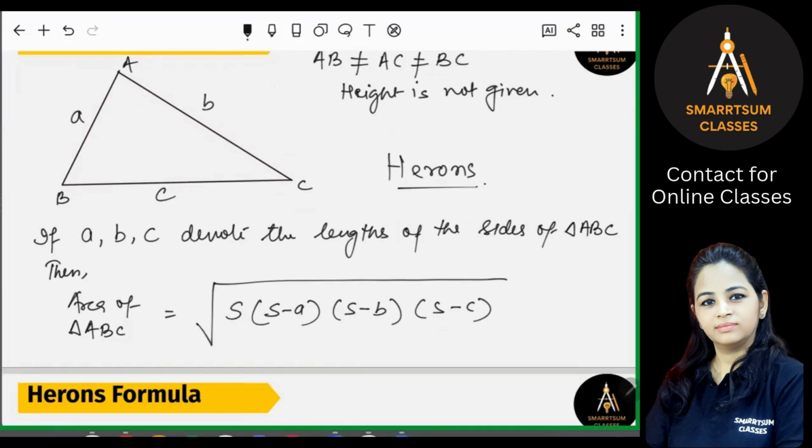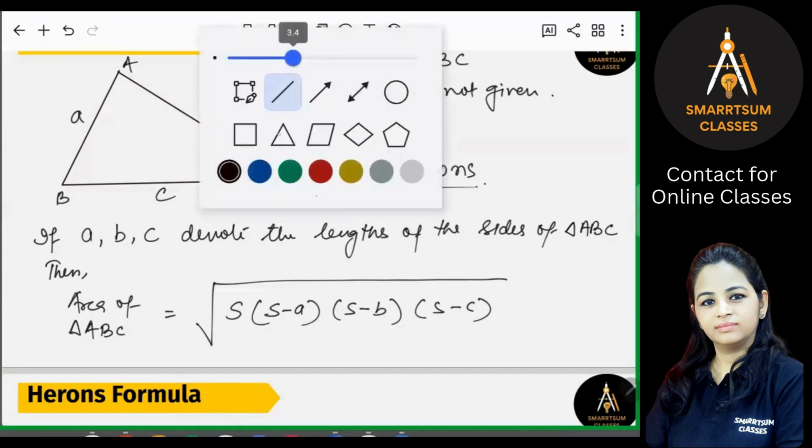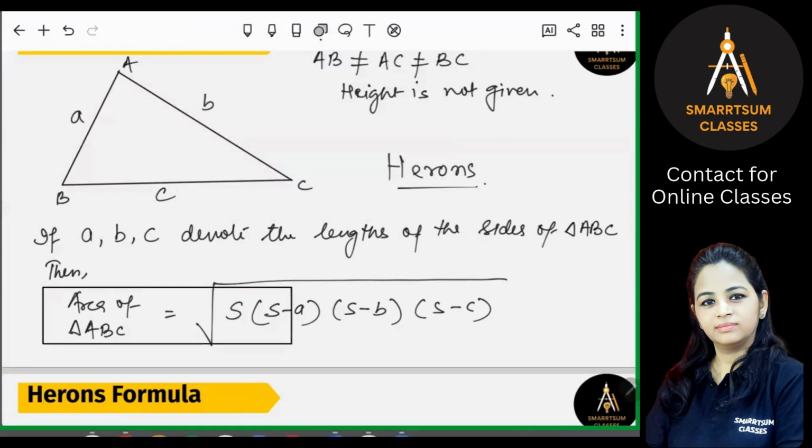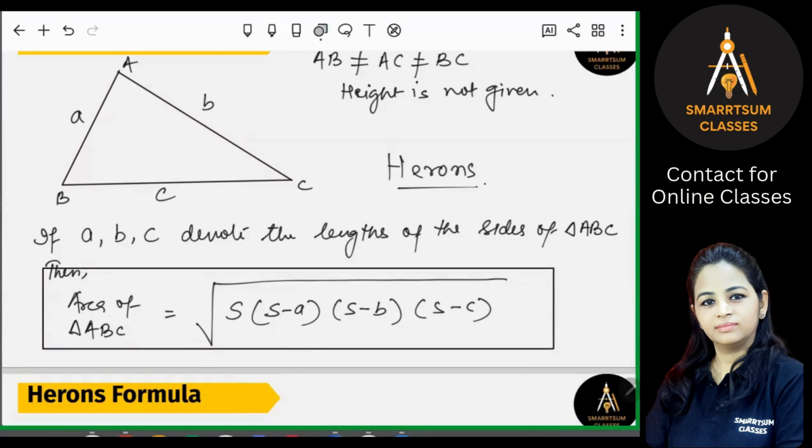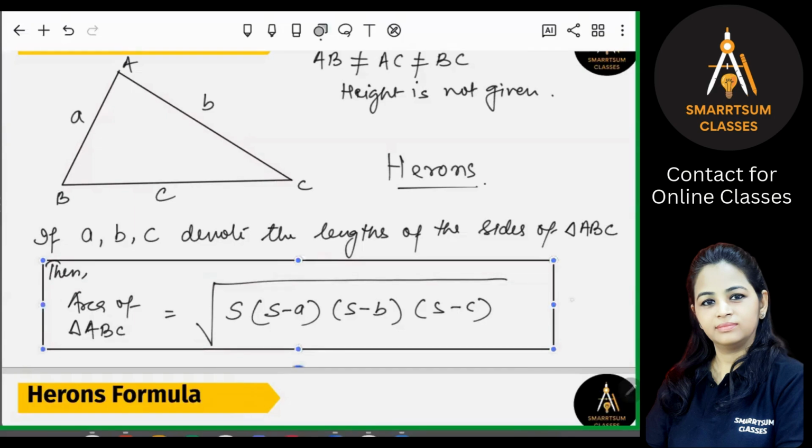So this formula is called Heron's formula, where, now here, what is s? Because we know what is a, b, c.